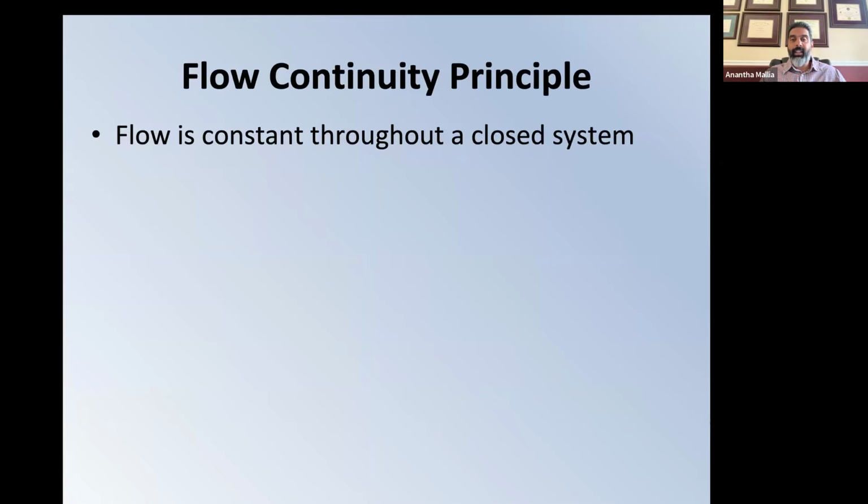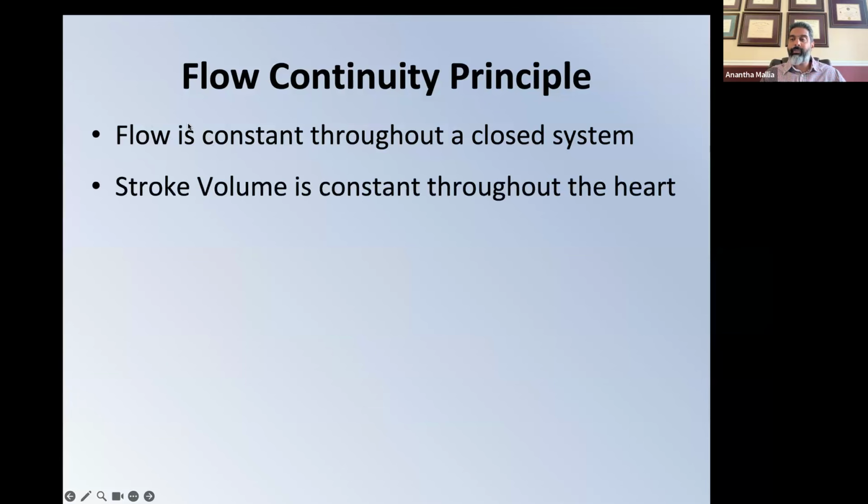What flow continuity tells us is that if you have a closed system, like the heart, the flow at any point throughout that closed system has to be the same, has to be constant. Okay, so if we're talking about cardiac physiology, flow is stroke volume. So because the heart is a closed system, the stroke volume has to be constant no matter where you're looking in the heart. It has to be the same.